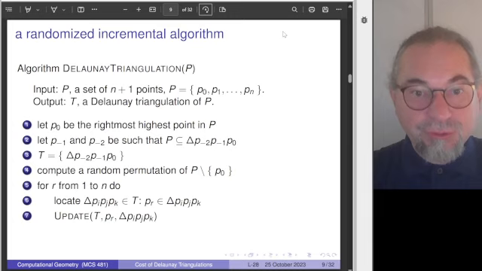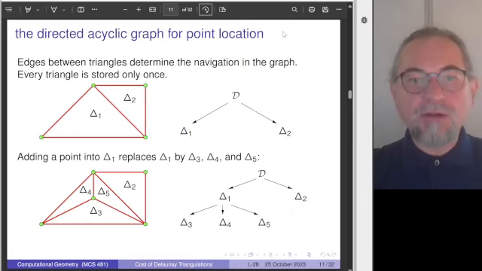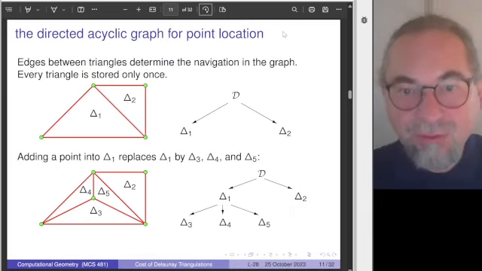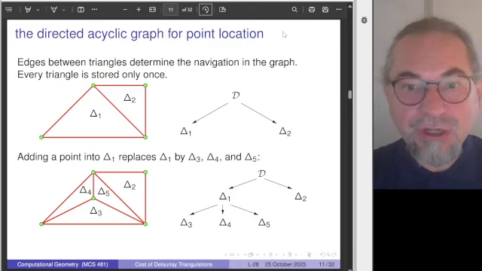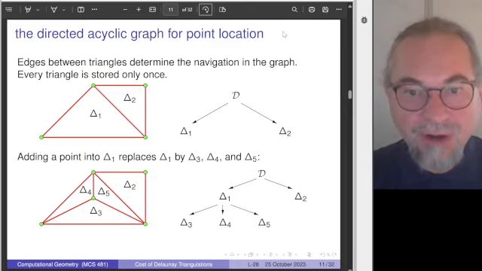Why do we need to do this? Well, look at how the point location goes. In the point location, we will have a graph.